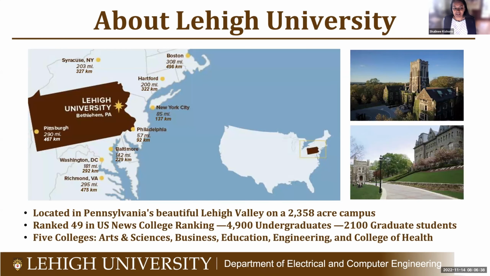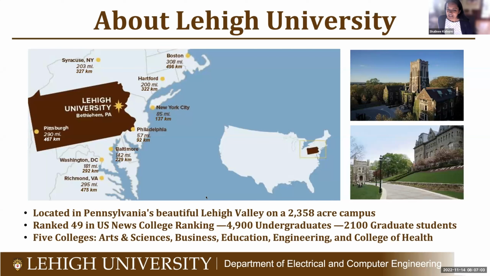So starting out, first of all, I know some of you may not know a lot about Lehigh University, so we'll tell you that we're located in the northeast part of the United States. We're very close to a lot of the major metropolitan cities in the northeast. In fact, we're about 85 miles from New York City and only 57 miles from Philadelphia. Lots of large international airports are nearby, as well as some of the larger cities along the eastern seaboard, as you see on the map here.